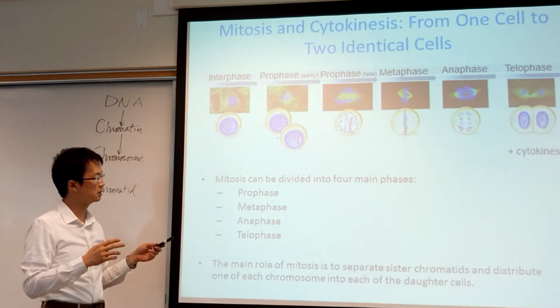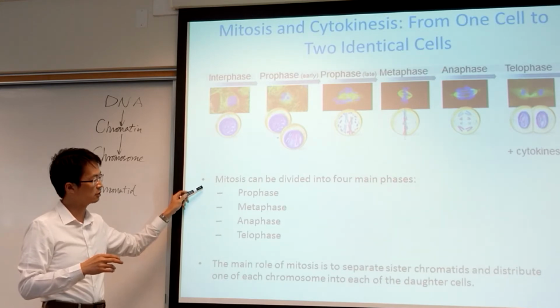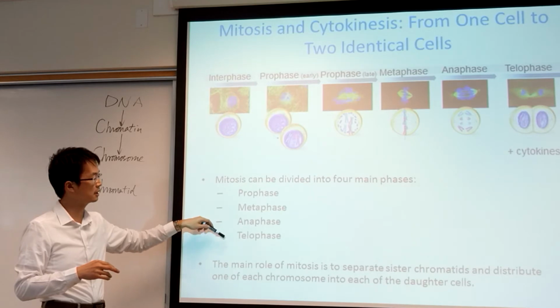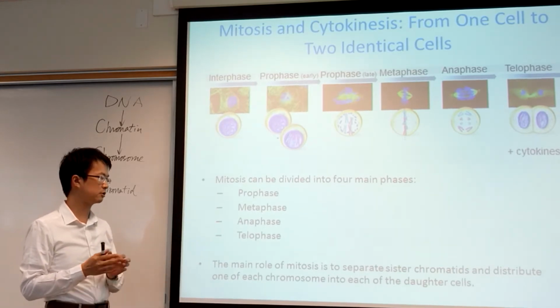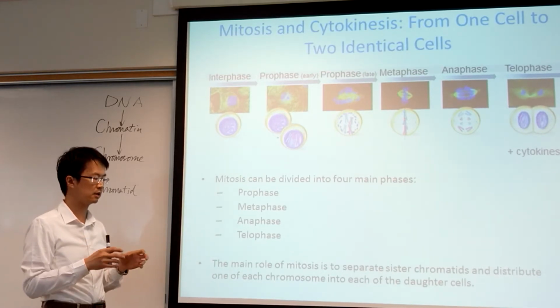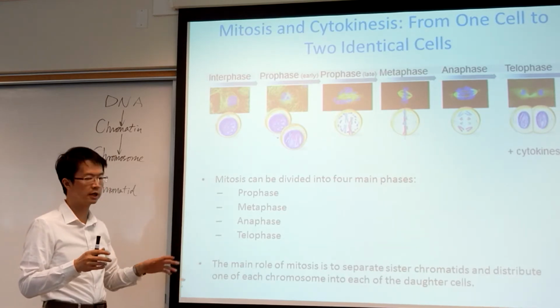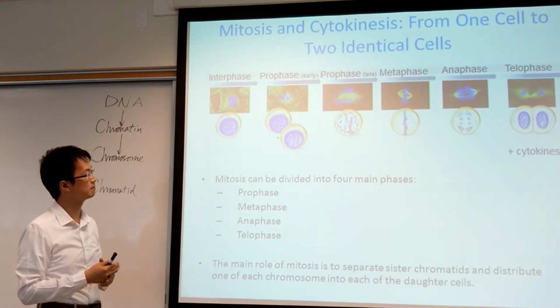After the G2 phase, the cells start to go into mitosis. We have prophase, metaphase, anaphase, and telophase. The main purpose of mitosis is to separate the sister chromatids so that you have one chromosome for each daughter cell. That's the main idea.